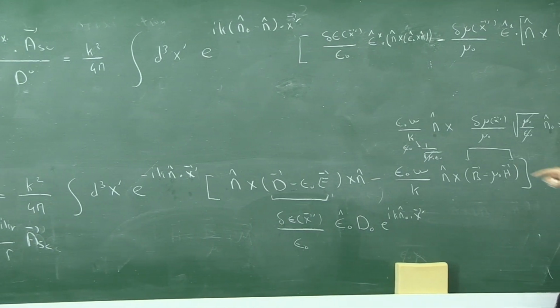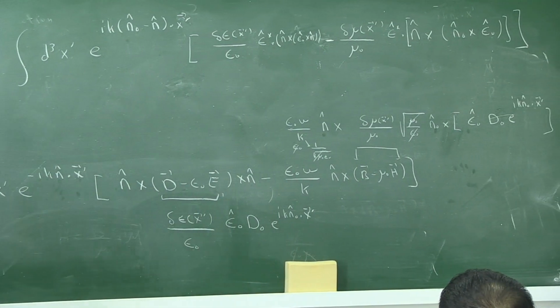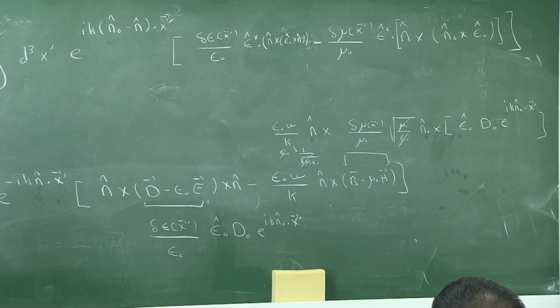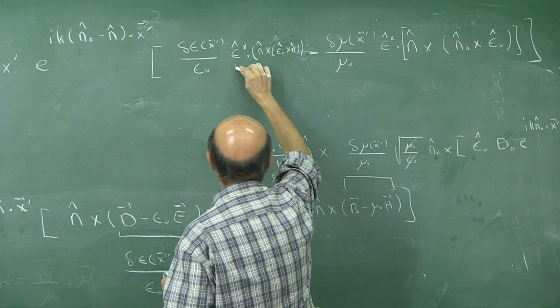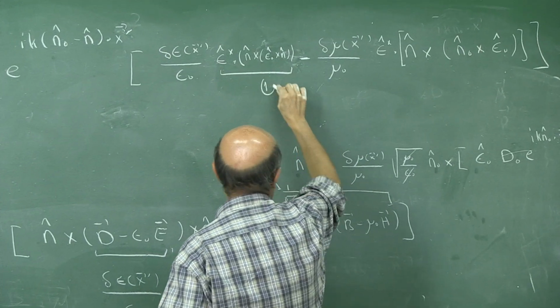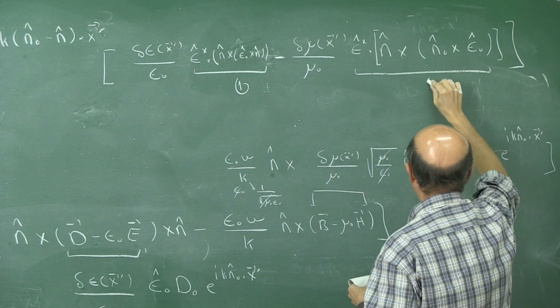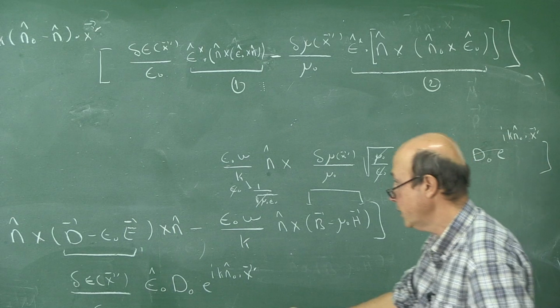But we will see that this is equivalent to the epsilon complex conjugate dot epsilon 0. So quickly we can see this. So let us say this is 1, and let us call this 2. So I think everything is correct now.